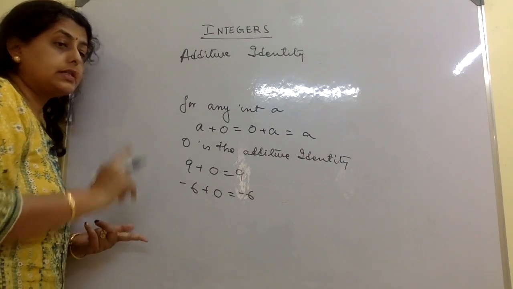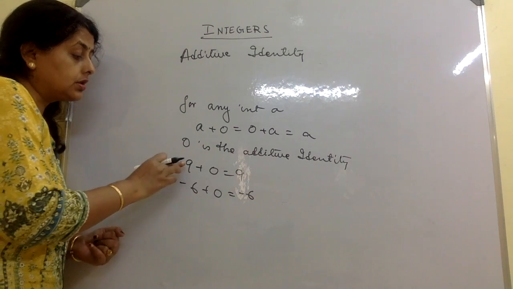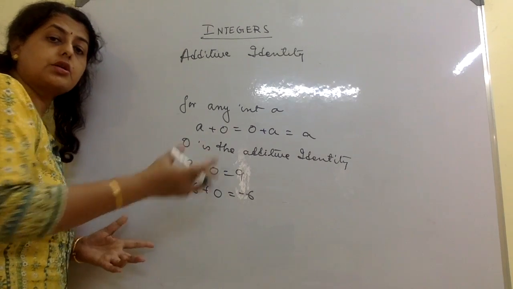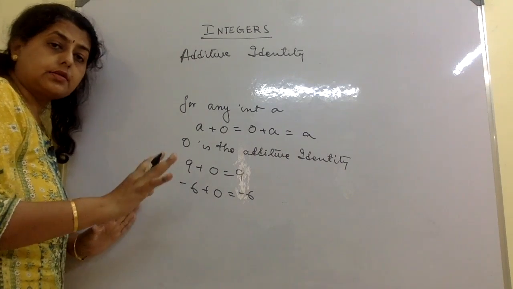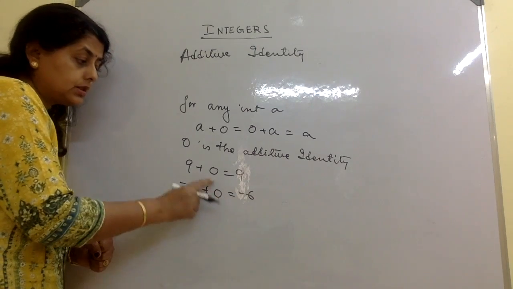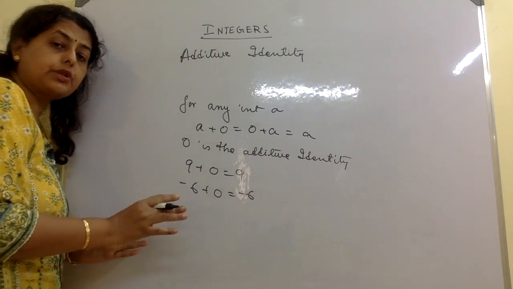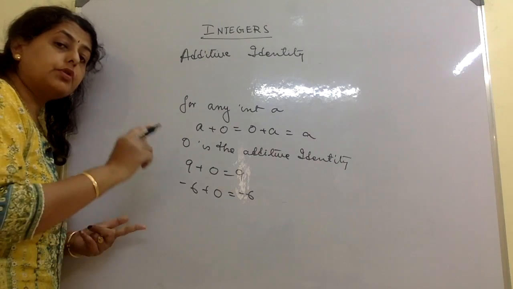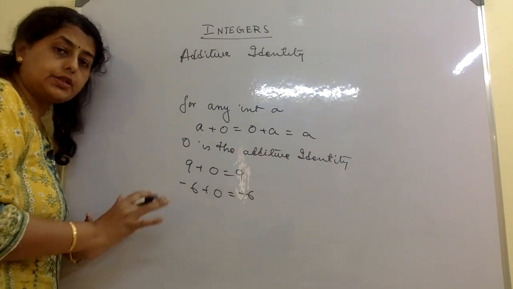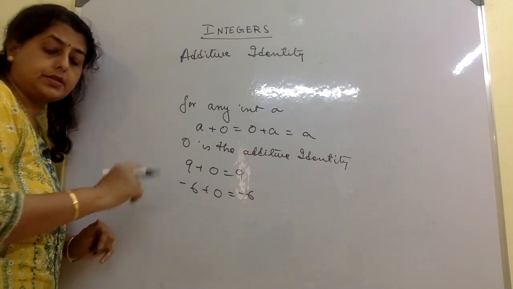Additive identity is that number which, when added to an integer, does not change the value of that integer. That's it. So this when added to minus 6 gives you minus 6 only, this when added to 9 gives you 9 only. That number which when added to an integer does not change the value of that integer is called its additive identity.